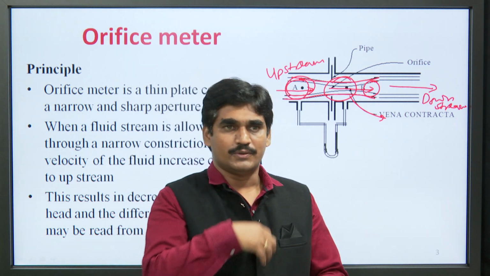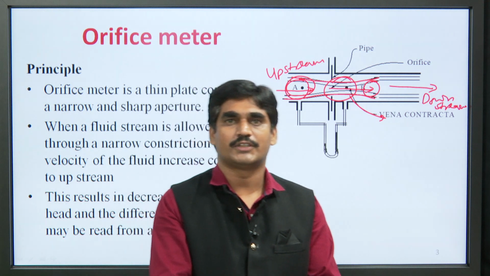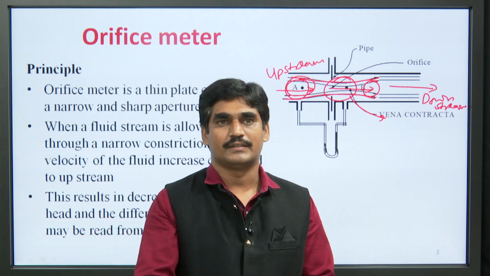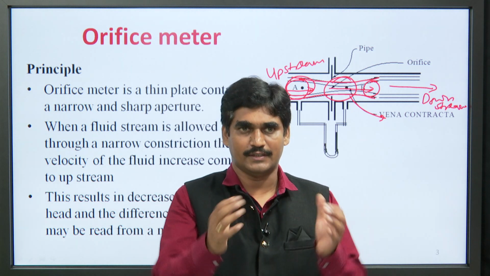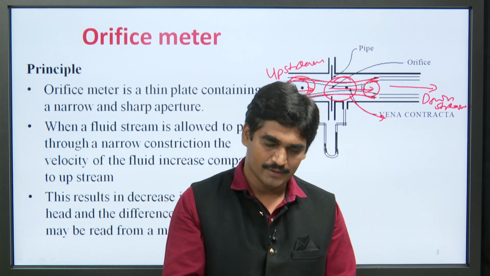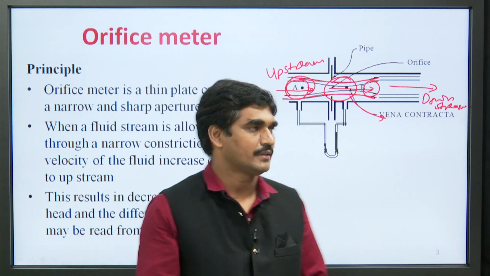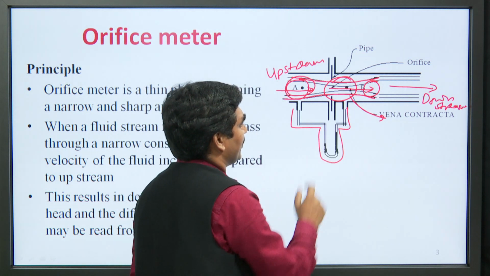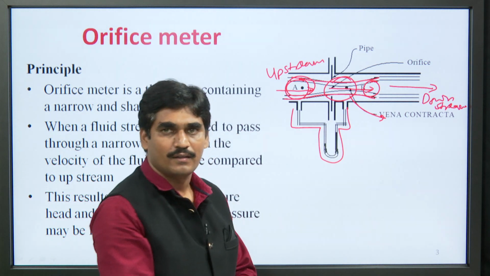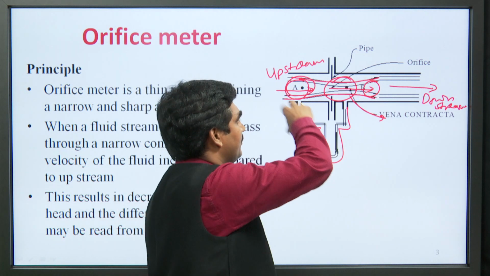So, due to this change in the velocity of flow of fluid, there is a decrease in the pressure head, which results the decrease in pressure head can be measured directly from the manometer that is connected at this position. This is the manometer which is connected with this orifice meter.